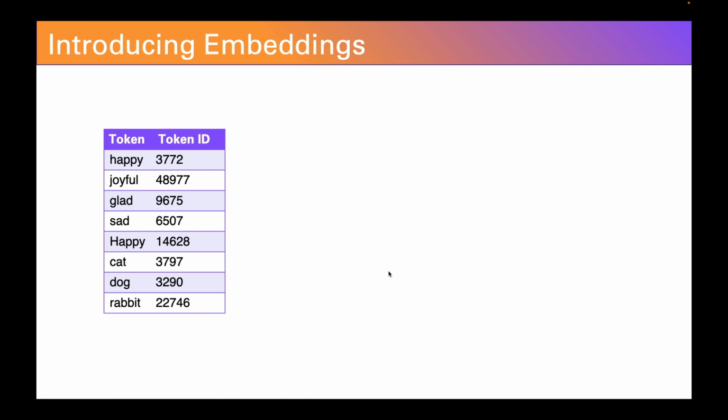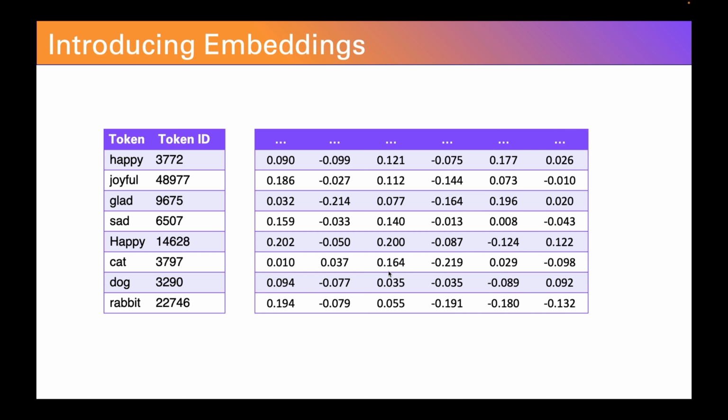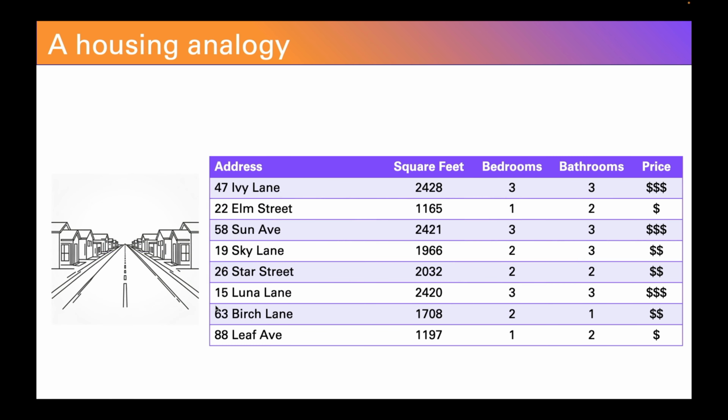So if one single number isn't sufficient to represent a word or token, maybe we need to just add more numbers or dimensions to represent the meaning of each token. These are the embedding values, and the number of columns is the number of embedding dimensions. Now, don't let this word embeddings scare you.